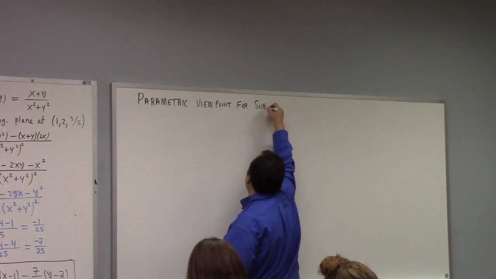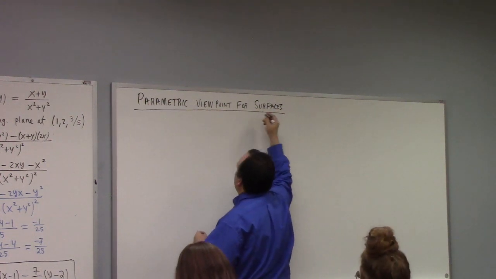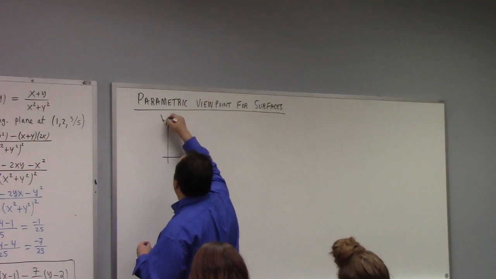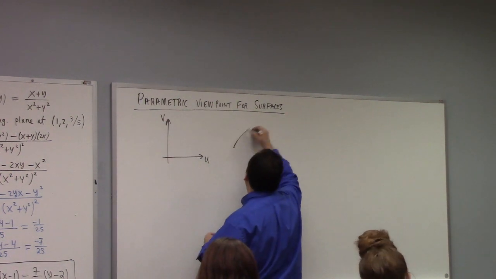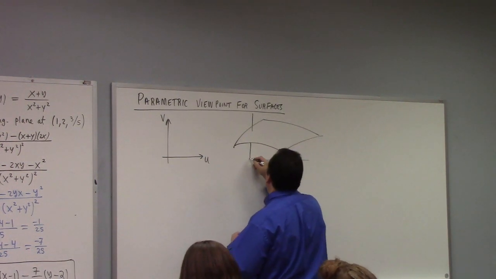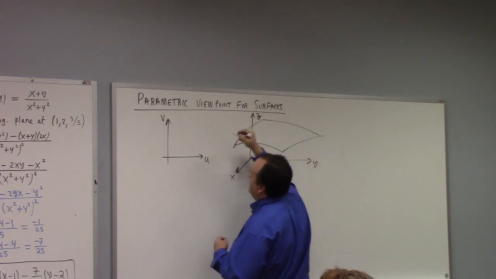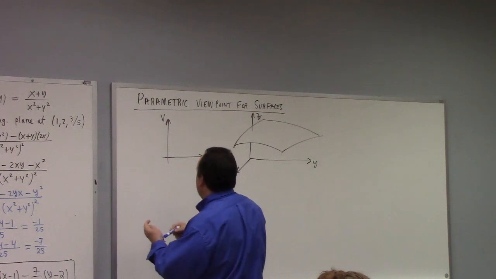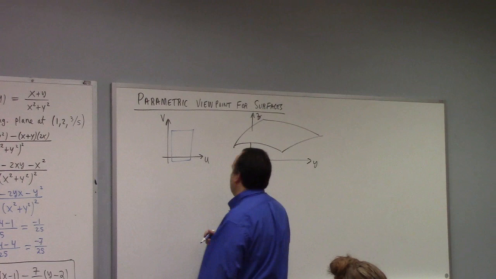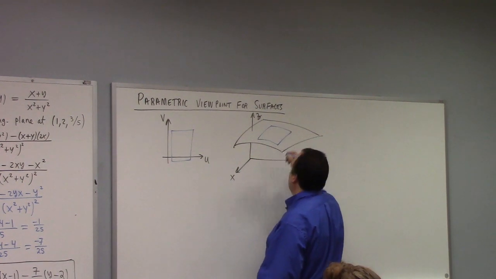For surfaces, what is that? You can draw a picture like this. Here's, let's say, UV space, and over here is my surface. In UV space you've got some domain of parameters, and it gets mapped over here.